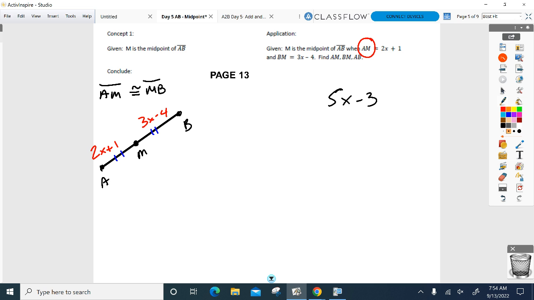You guys are starting to think about previous night's homework. Do I know how long AB is? No, so I can't set this equal to anything. Agreed? But what do I know about AM and MB? What did we just put on there? Because M's the midpoint. They're congruent. Okay, so tell me which two are equal. 2x plus 1 and 3x minus 4. There you go.